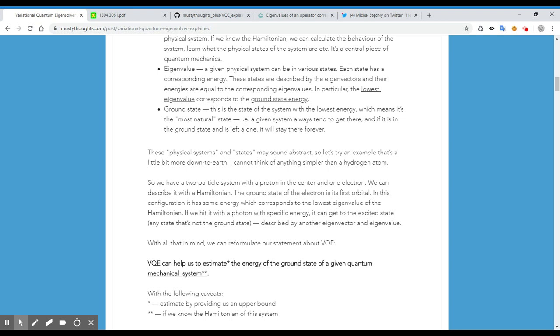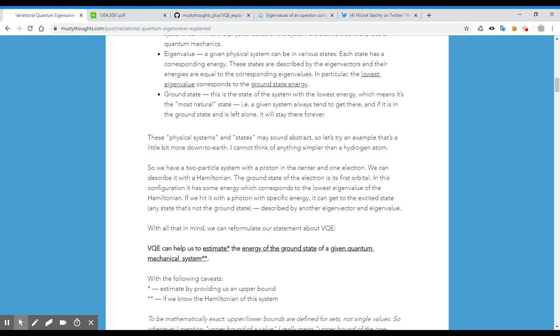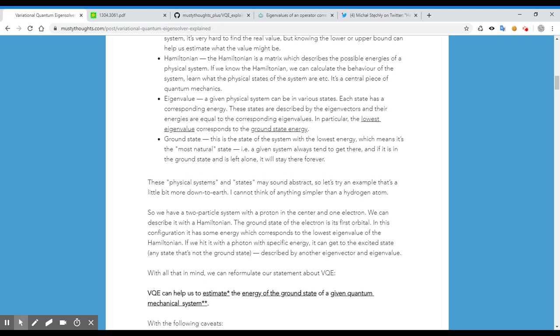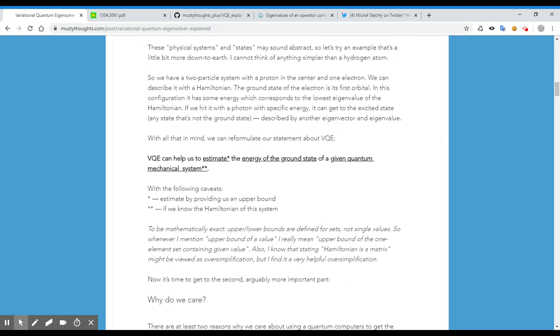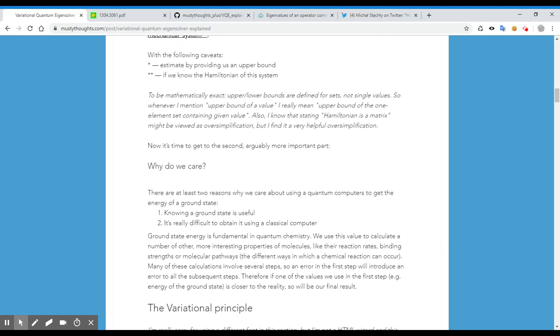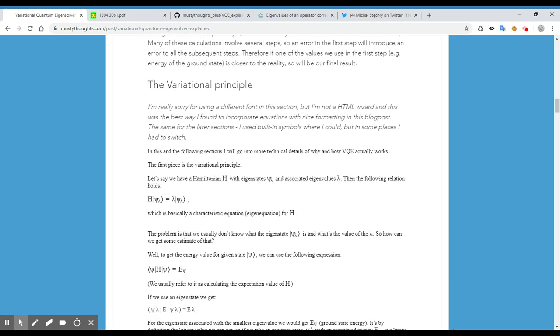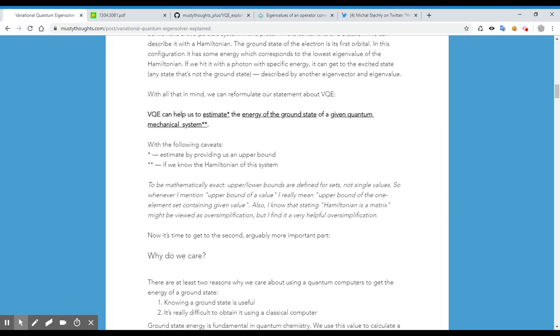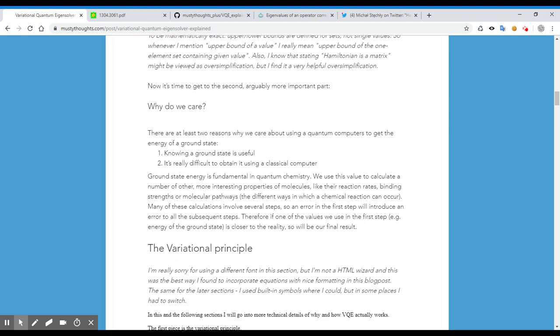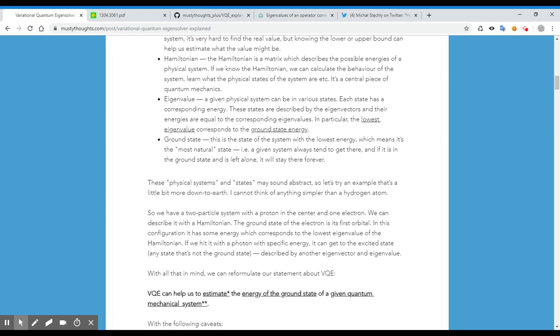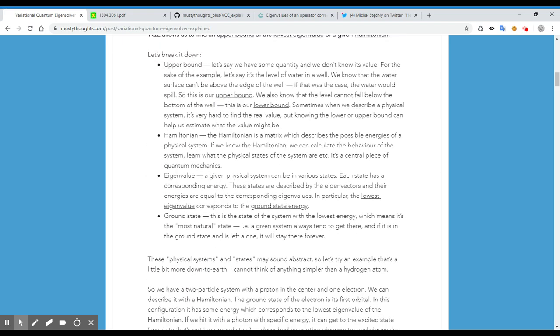And the concept of a Hamiltonian, you can abstract it into a geometrical transformation or whatever. It is what it is. I think this is good. I think this is well explained and pretty straight to the point from a definition perspective.